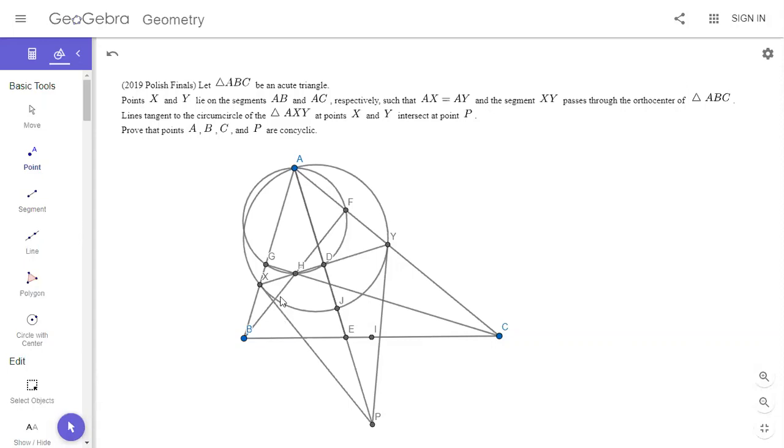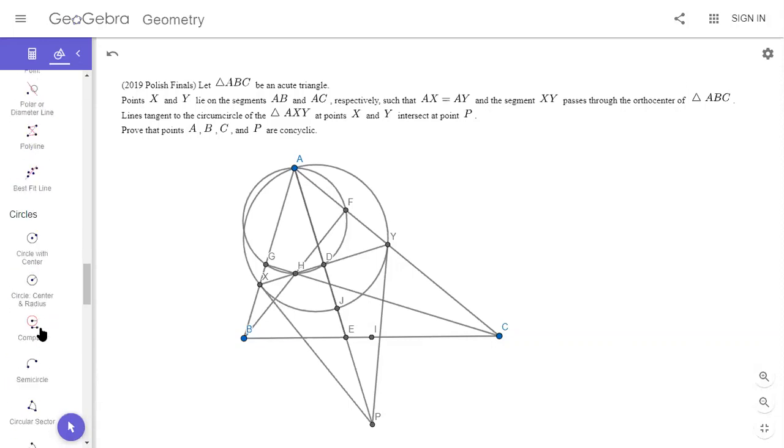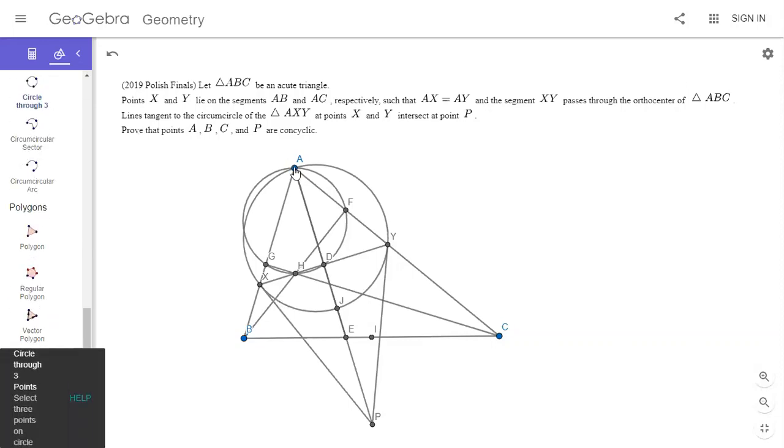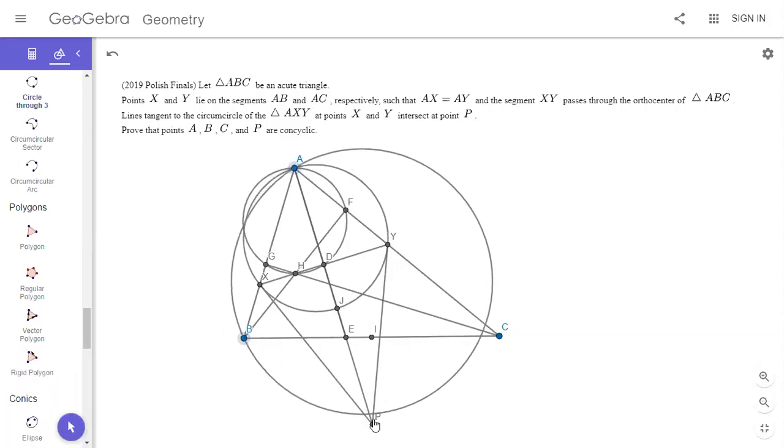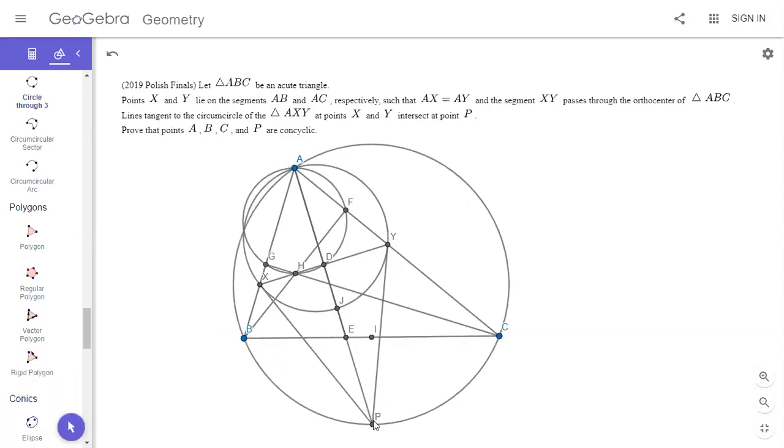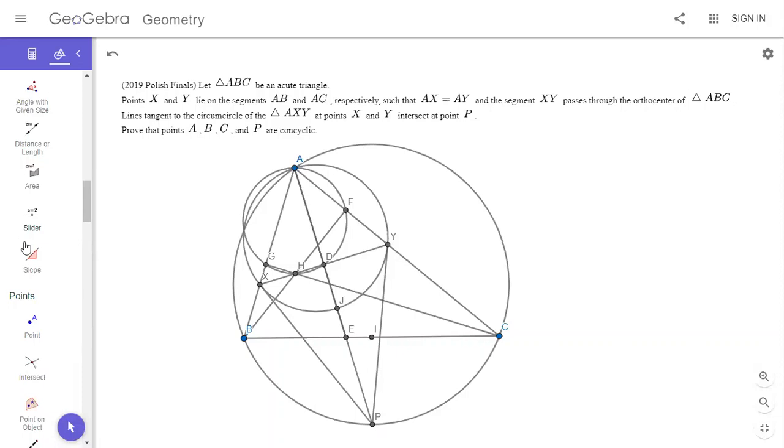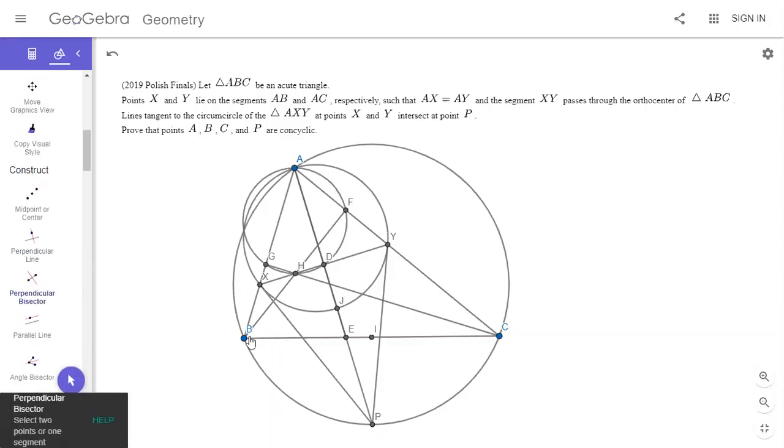So I'm just going to draw in the circle for now, even though we're trying to prove it exists. So yeah, we don't know P lies on the circle yet, but let me try this.